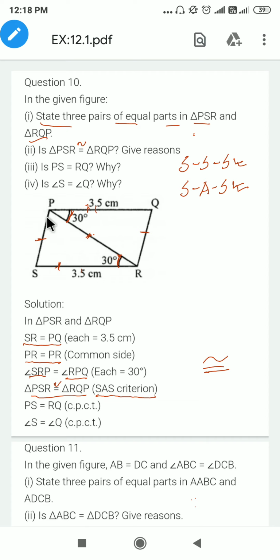And this corresponding angle is equal to this corresponding angle, and this angle is equal to this angle also. Clear? But here it is asking only, is AC equal to QC or not? Obviously it is equal, because these two are corresponding angles of two congruent triangles. Clear? So question number 10 is done. So go to the next one.